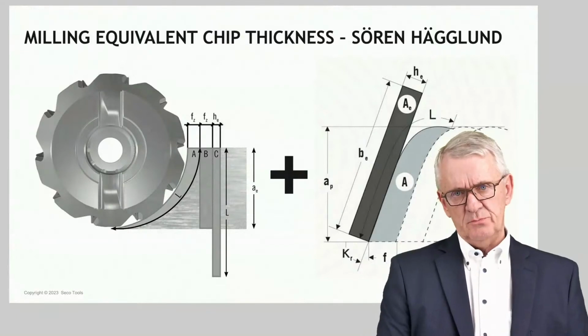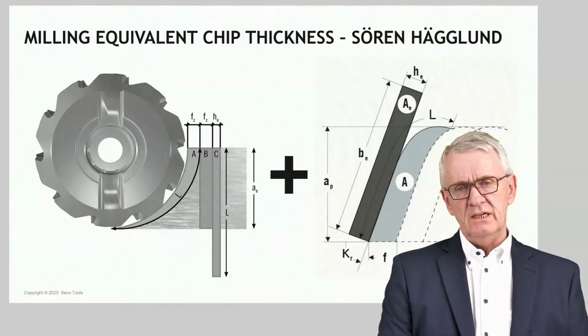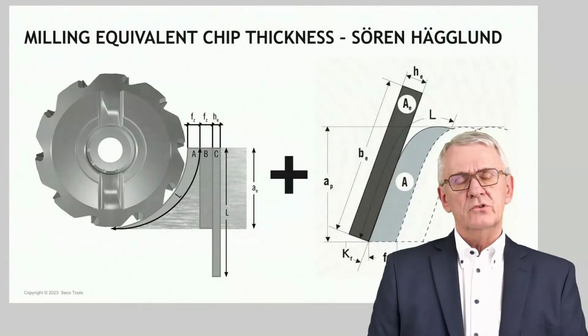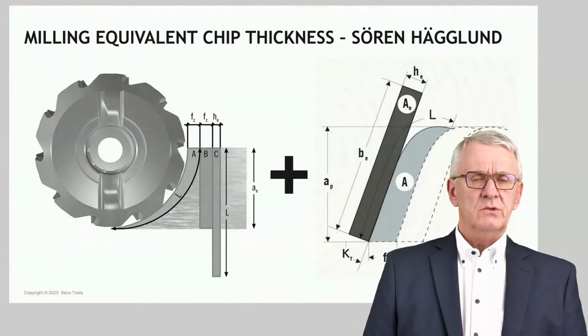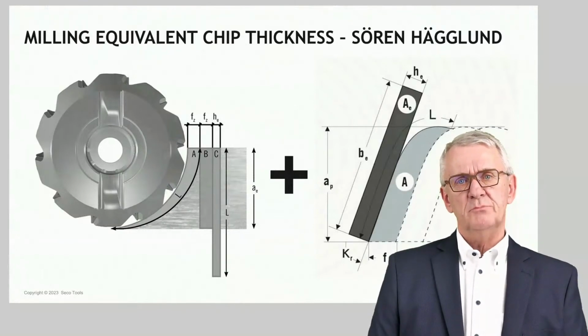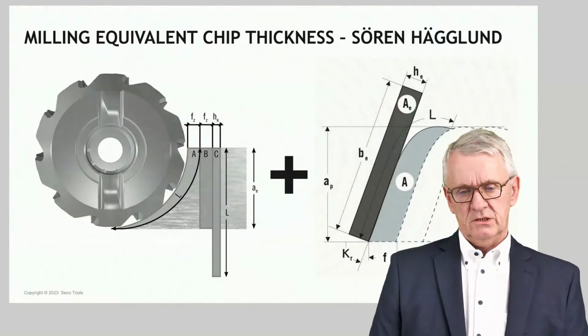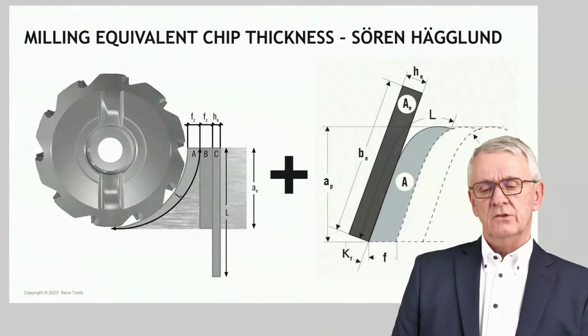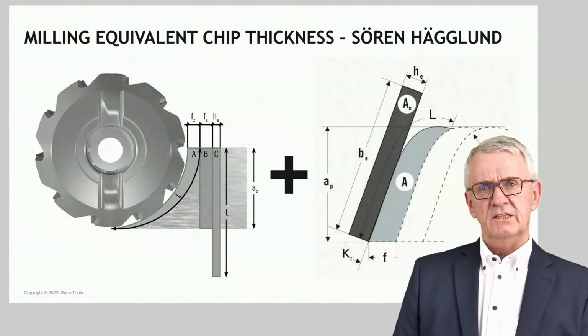He took average chip thickness as defined in milling technology, he took the Woxén model, and he brought the two together. That is what we call today the milling equivalent chip thickness. It's a Swedish gentleman who did quite a lot of pioneering work in bringing these two together.